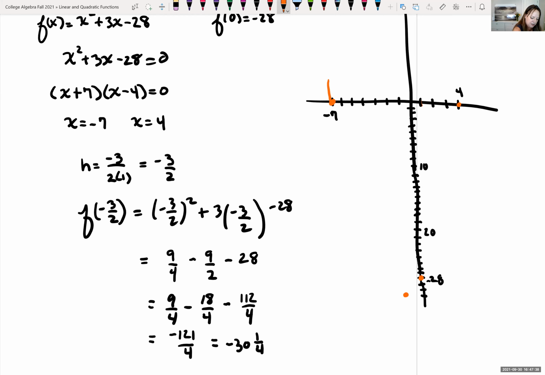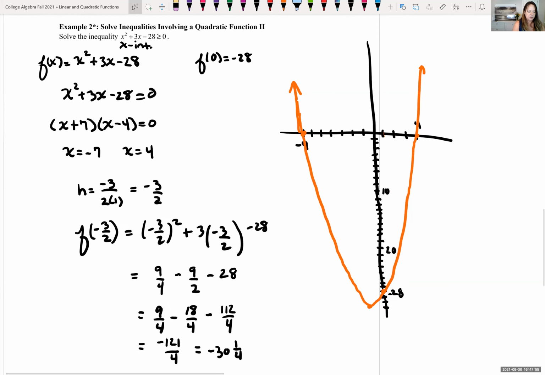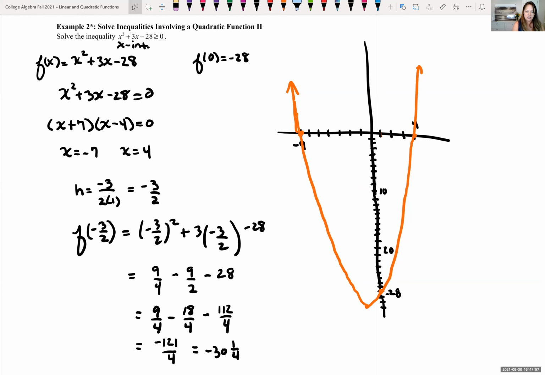It's not a huge deal because I'm really curious about where this is falling above and below the x-axis, depending on my inequality. And so now we have the graph. We were looking at when this is greater than or equal to 0.